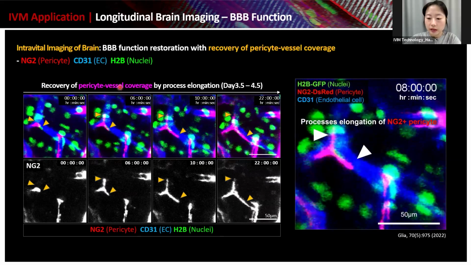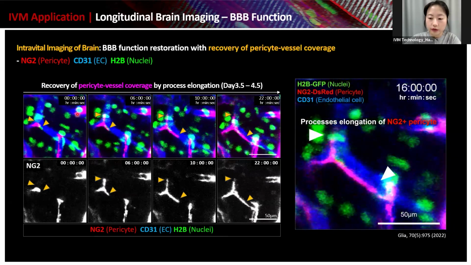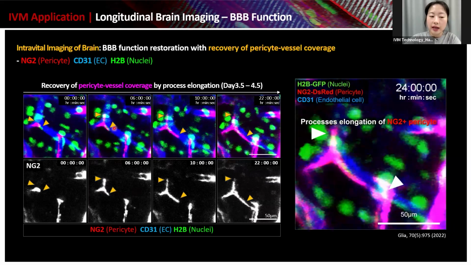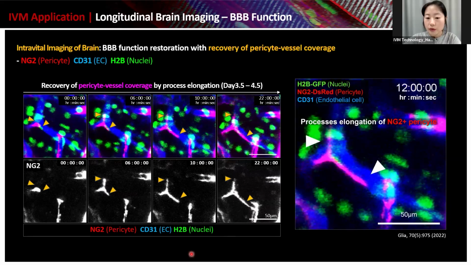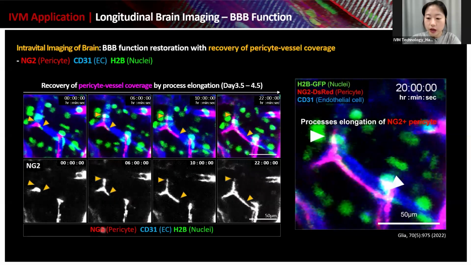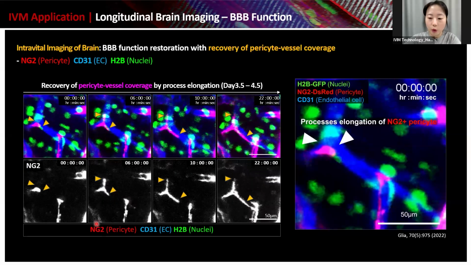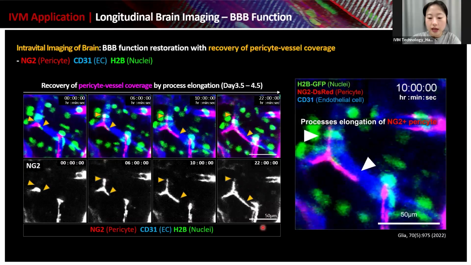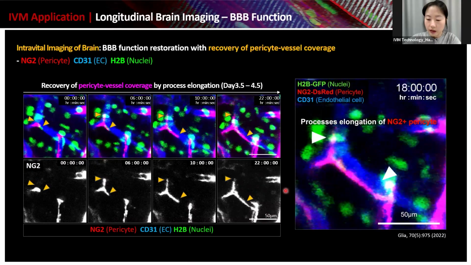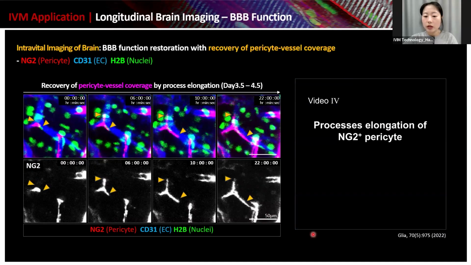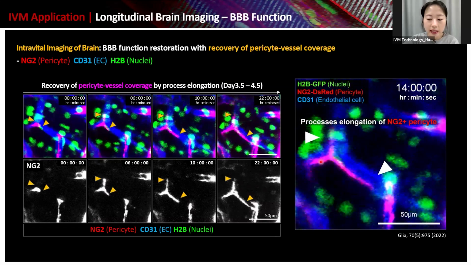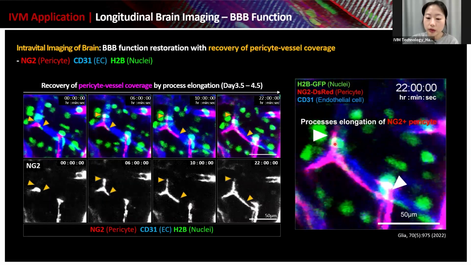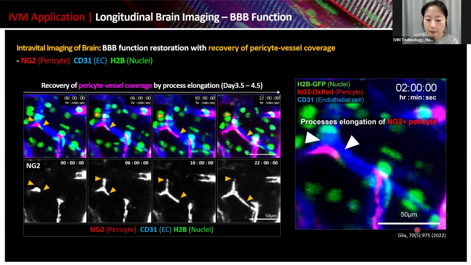We also administered an in vivo vascular labeling kit to visualize the vasculature, and you can see them in blue color here. We then performed repeated imaging of the exact same region over a 22-hour period. As shown in the video on the right, we were able to directly observe NG2 positive cells, namely pericytes, elongating and dividing along the cerebral vasculature in real time.